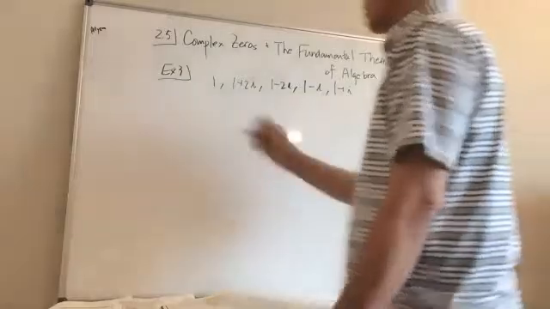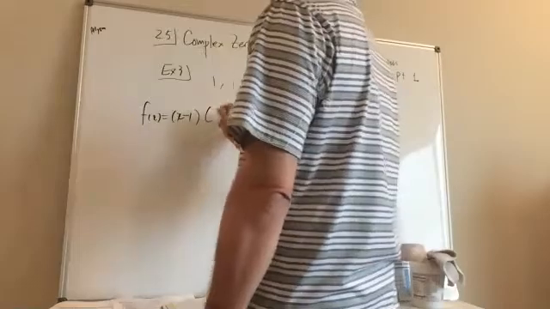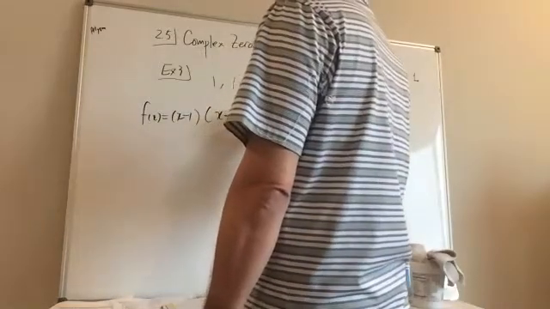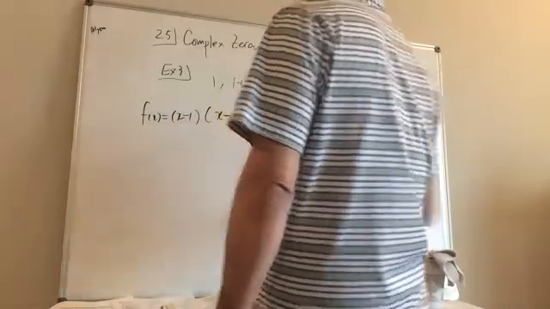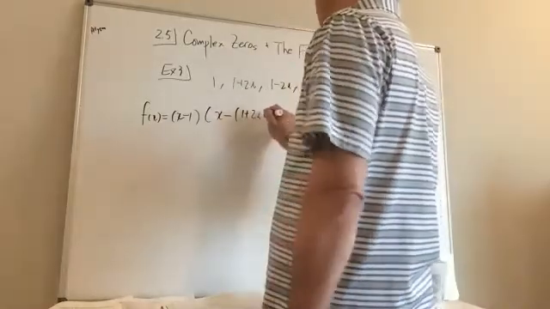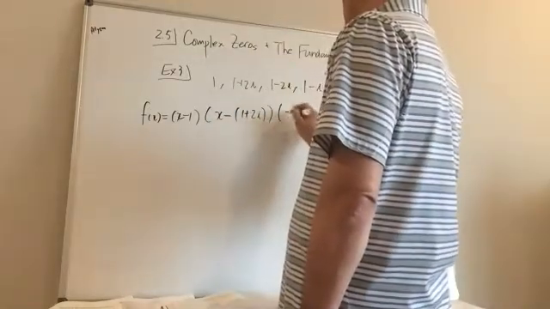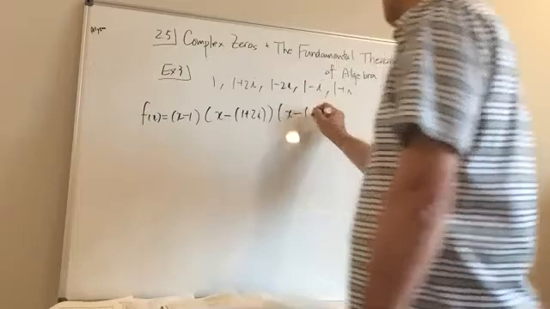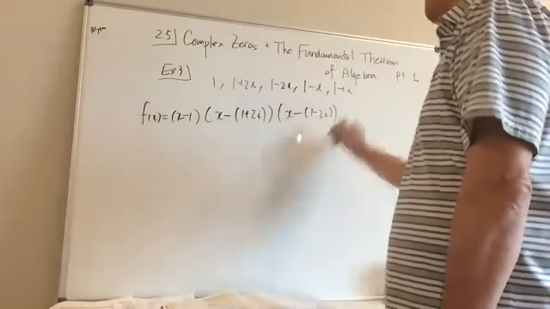Okay, so let's write this out. x minus 1 plus 2i. And then I have 1 minus 2i.